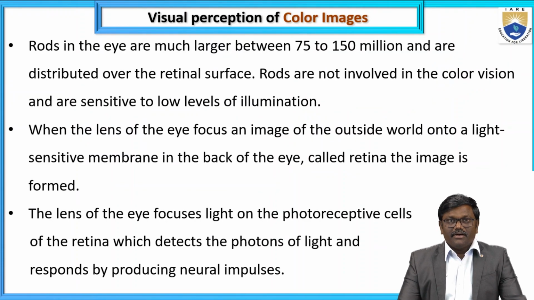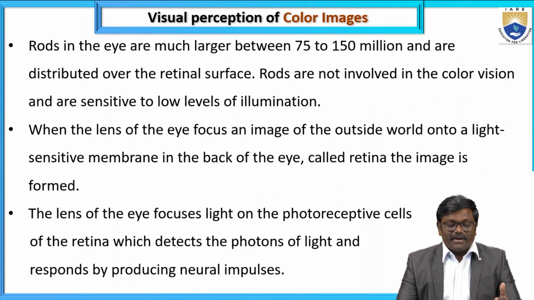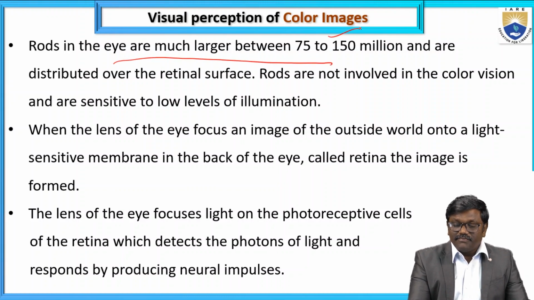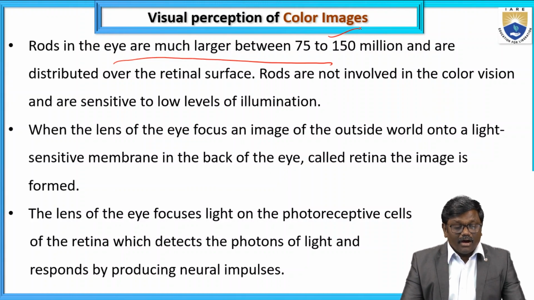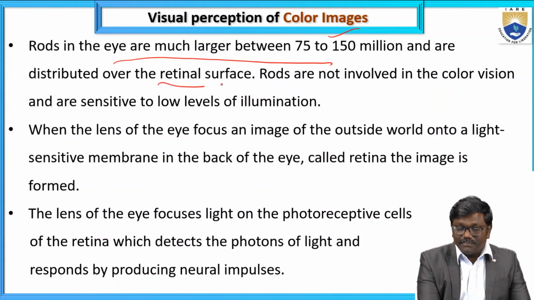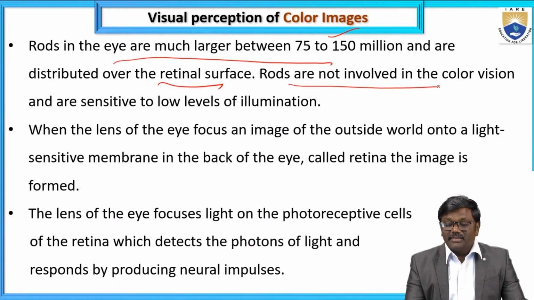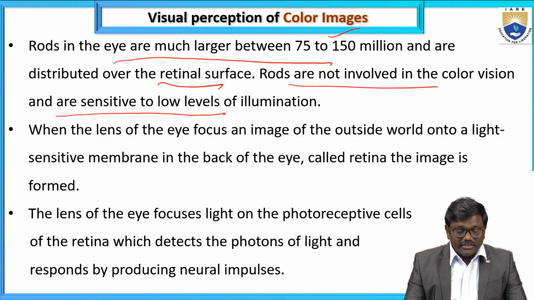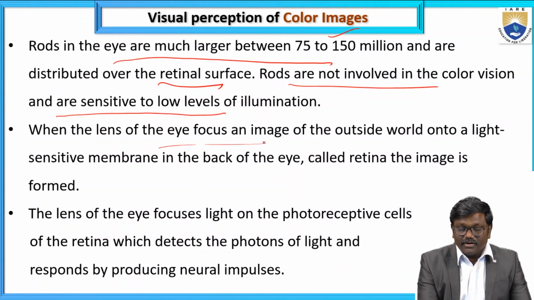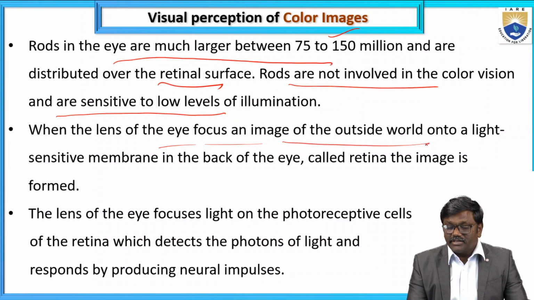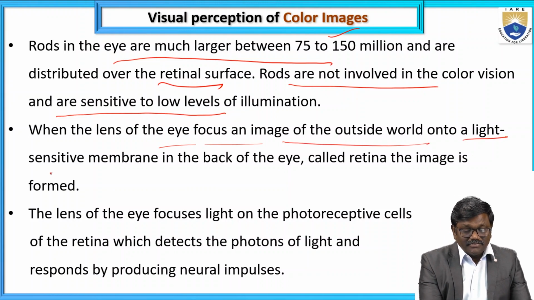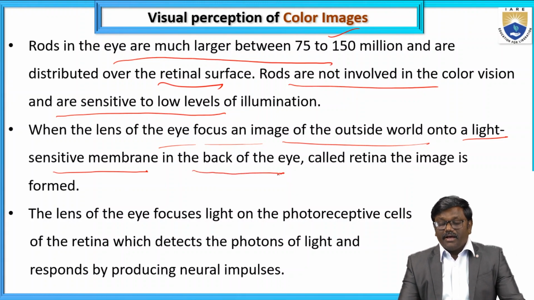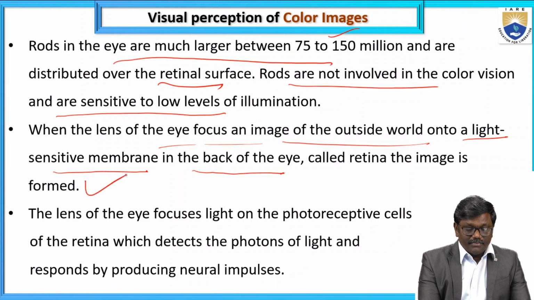The visual path: rods in the eye number about 75 to 150 million and are distributed over the retinal surface. The rods are not involved in color vision and are sensitive to low levels of illumination. When the lens of the eye focuses an image of the outside world onto a light-sensitive membrane at the back of the eye called the retina, the image is formed.